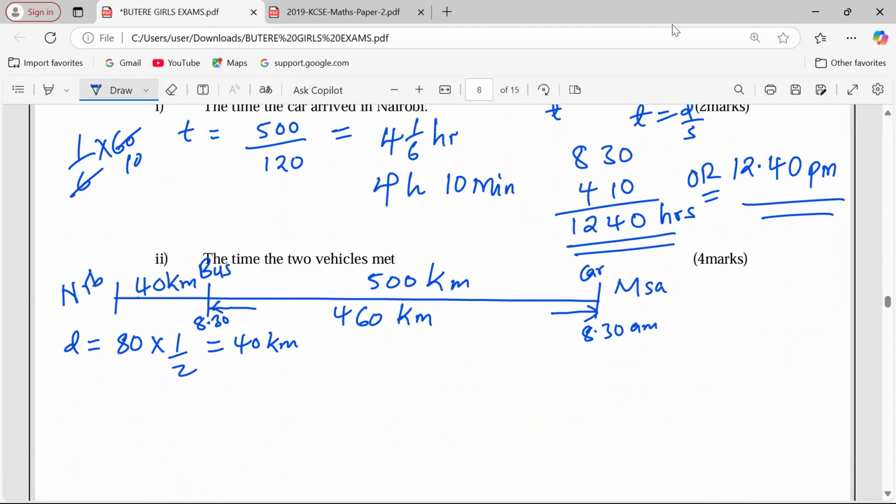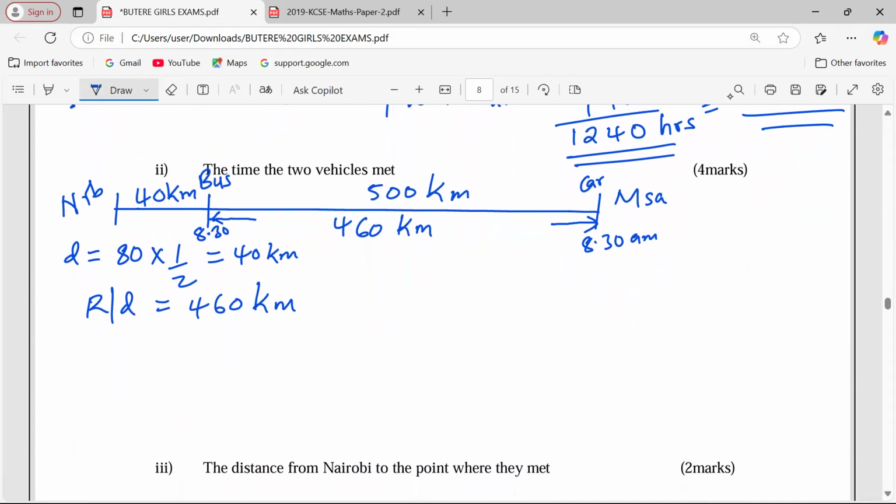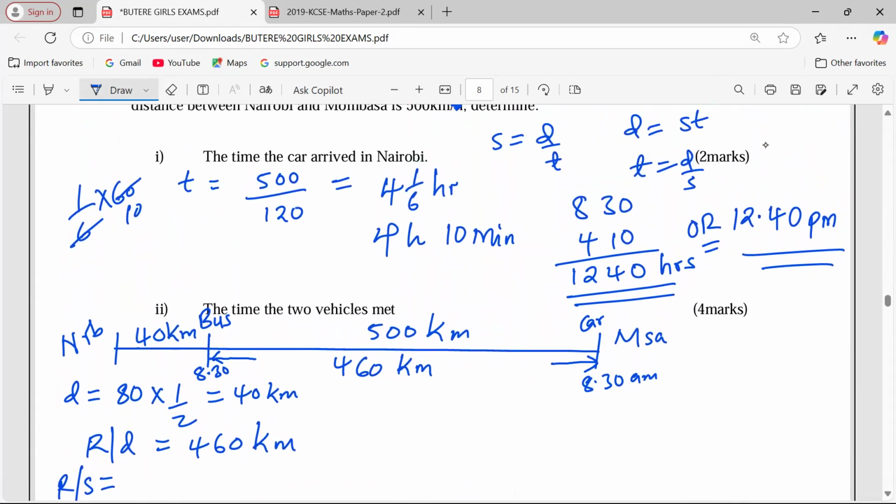So for the two vehicles to meet, they have to jointly cover this distance of 460. That means we start by expressing the relative distance as 460, the distance between any two vehicles at the same time. It's called the relative distance, 460 at 8:30. Then the relative speed shall be the sum. They will cover the distance jointly because they are approaching one another.